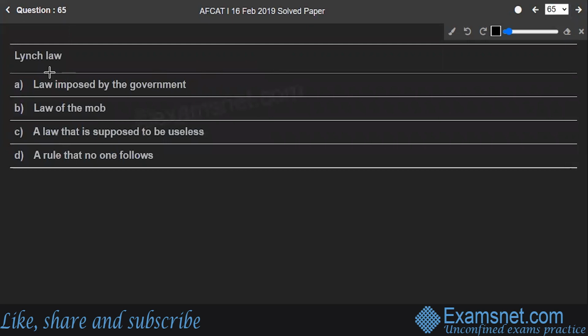Next is question number 65. That is the lynch law. What does the lynch law says? Law imposed by the government? No. Law of the mob. Well, yes, this is the law of the mob.